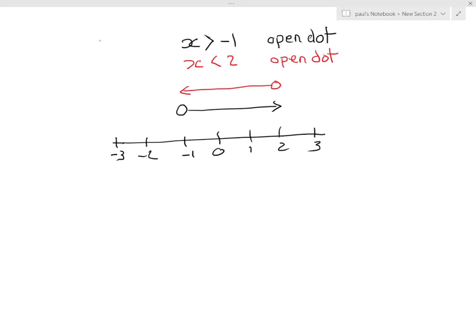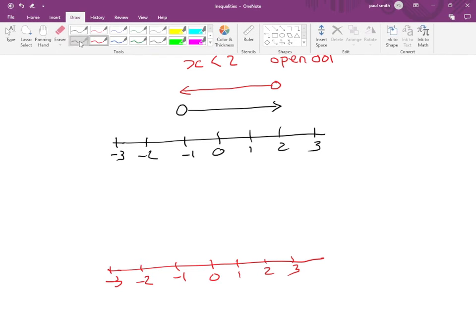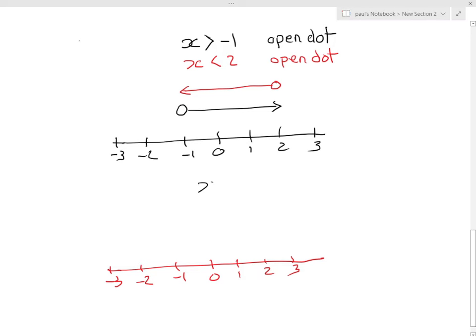Now, do it again with another line. 0, 1, 2, 3, -1, -2, -3. Now this time we use the other symbol, which is x is greater than or equal to 1.